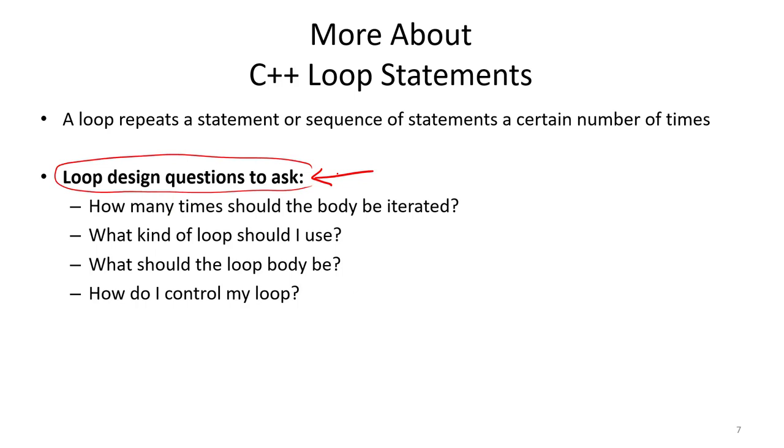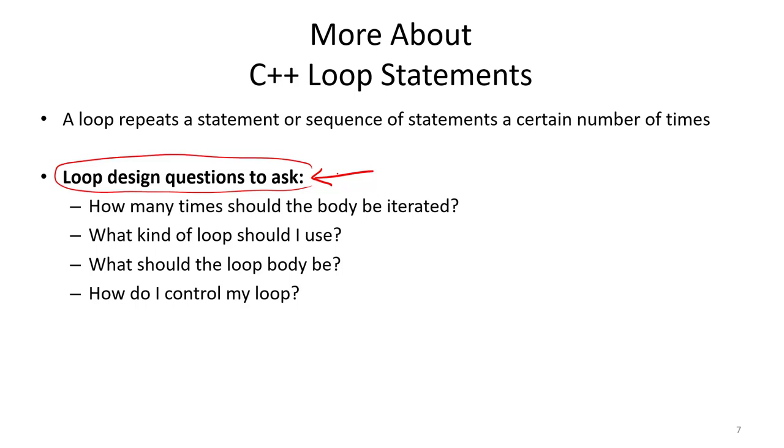First question is, how many times should the loop body be iterated? Remember, the body is the stuff inside your loop. That's the statements you want to repeat. So, how many times does your code need to repeat? Maybe you don't even know for sure, so you'll have to design your loop carefully.